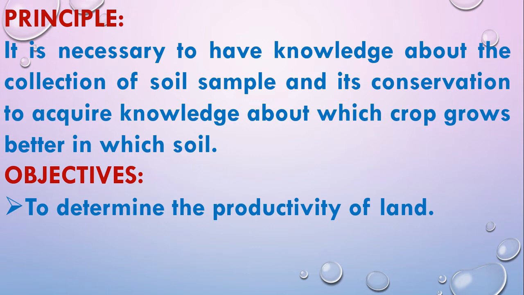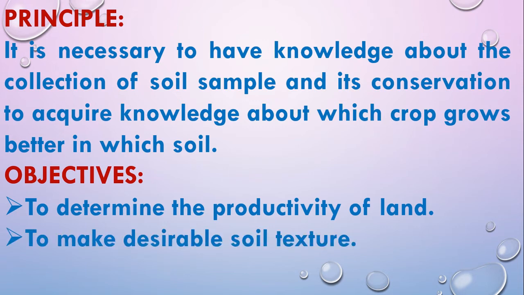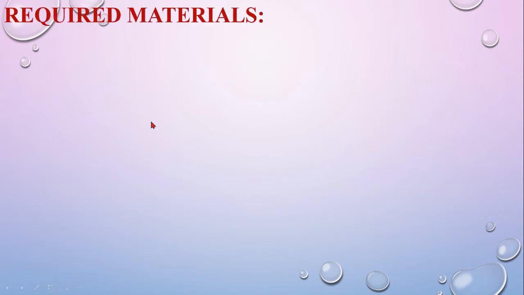First, to determine the productivity of land, then to make desirable soil texture, and then to select the crop. If you do not select the crop properly, then your expected production will not be achieved. Then the required materials, that means what materials we need to do this experiment.